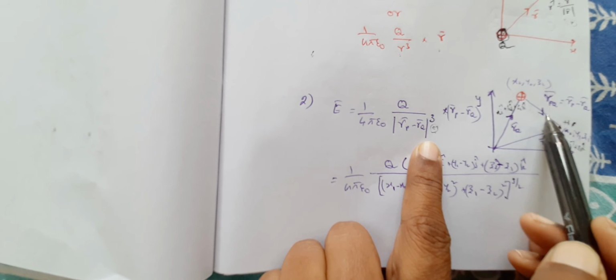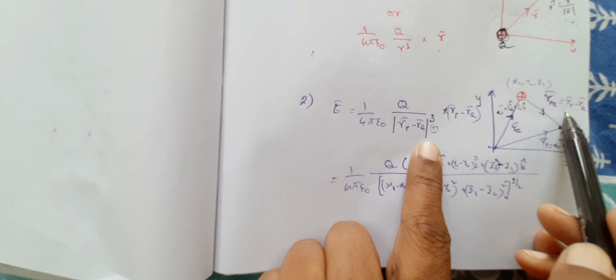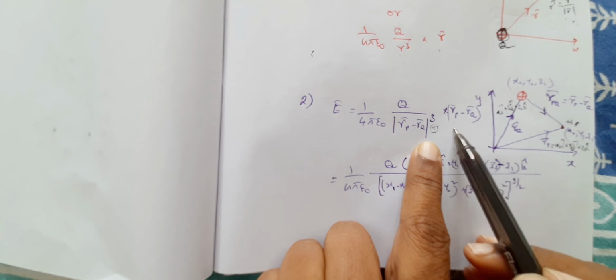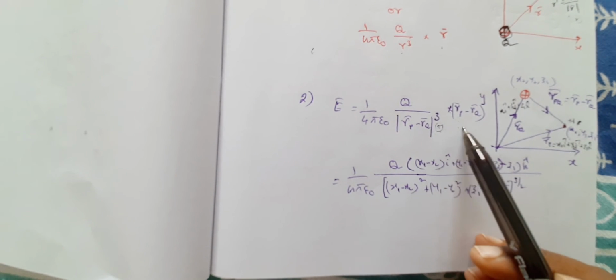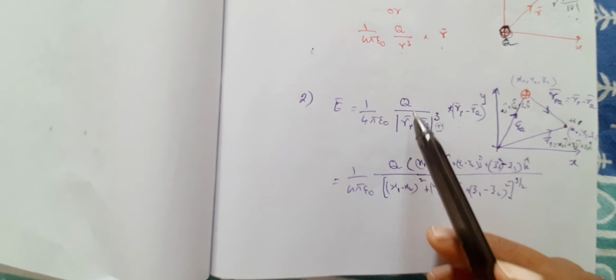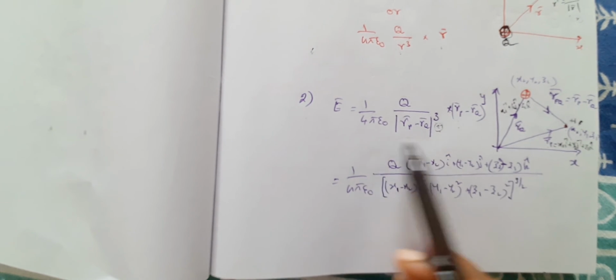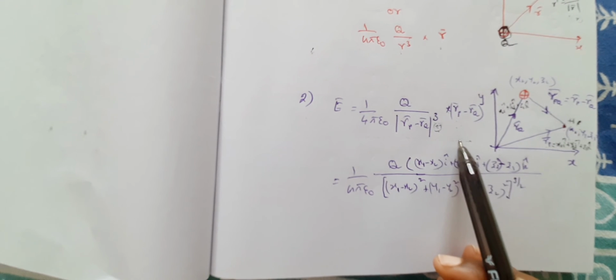Unit vector in this direction is the vector divided by its magnitude. Magnitude is again mod of rP bar minus rQ bar. So power 2 plus 1, again 3. So therefore, rP bar minus rQ bar whole cube. So this is the vector form, like in the case of position vector.